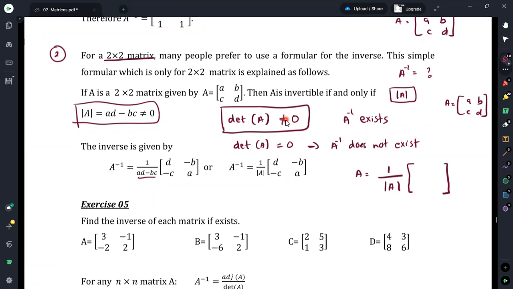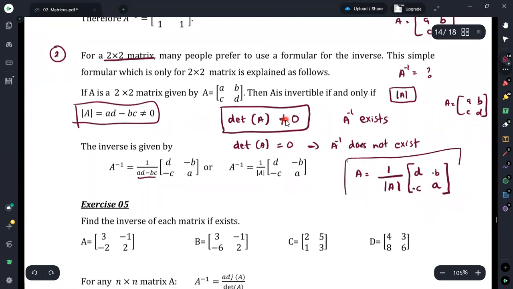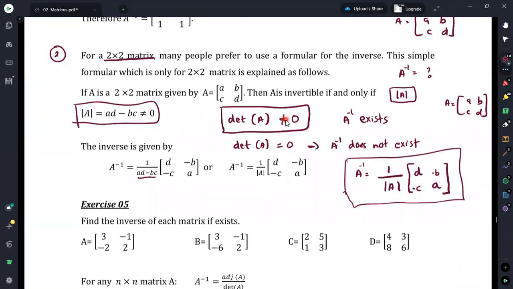A and D have to be interchanged, so the first value will become D and this value becomes A. Then the off diagonal elements have to be multiplied with a minus sign. You are not going to change their places, just multiplying with a minus sign. Therefore, this value is minus B and this will become minus C. We can use this equation to obtain the inverse of a matrix.